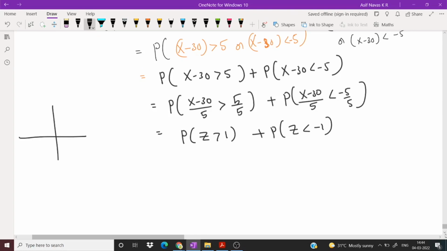Now I will get the values from the table.